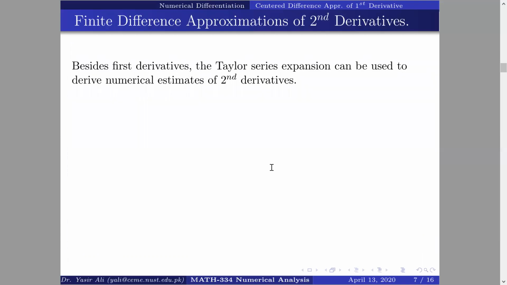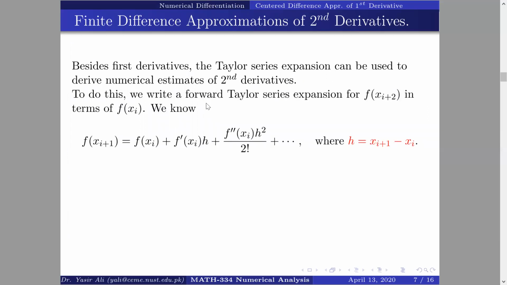So now we will develop the formula for the second order, and again we will use the Taylor series. For development of the second order formula, we will write the Taylor series of the function f of x i plus 2 in terms of f of x i. We know that when we write f of x i plus 1 in terms of f of x i, there is a term h appearing in almost every term with some power.